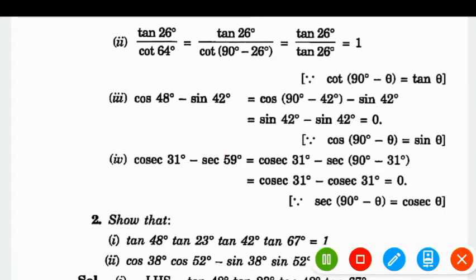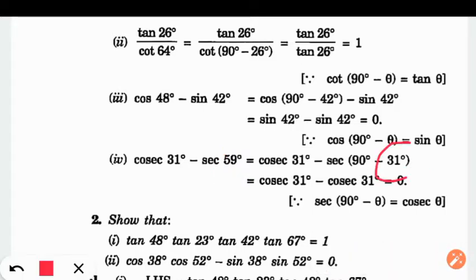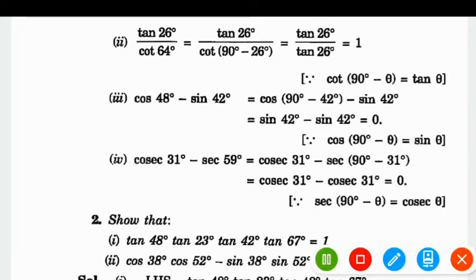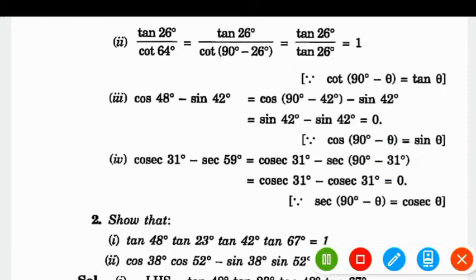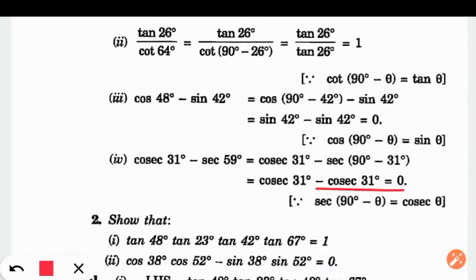So sec 90 degree minus theta, here theta is 31 degree. Sec 90 degree minus theta gives you cosec theta, cosec 31 degree. And this cosec 31 degree is as it is. So again they cancel each other and we get 0.